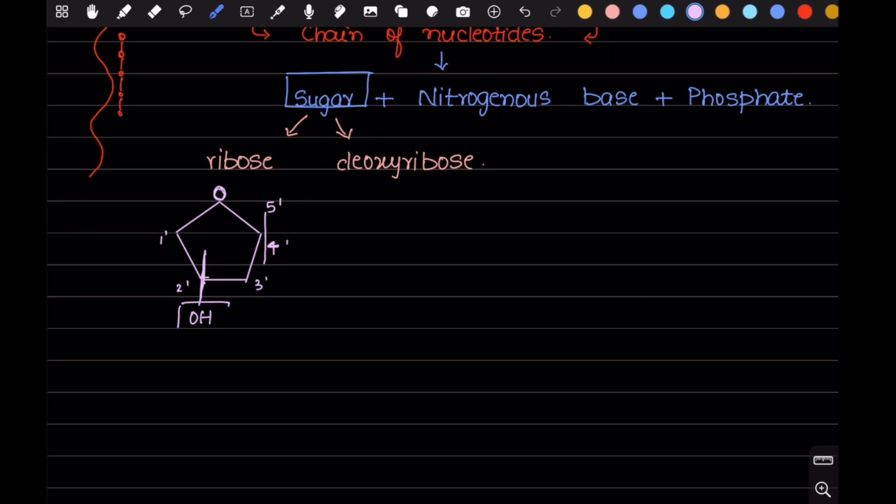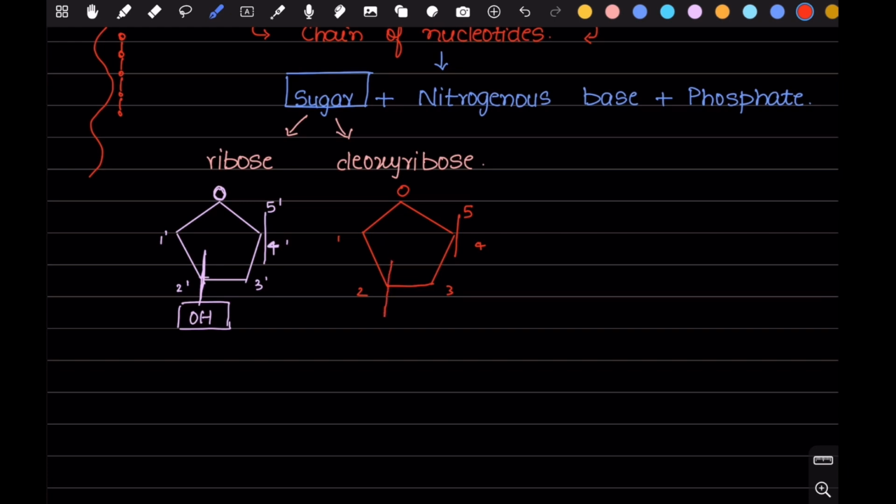So in ribose sugar, we have OH at the second place, but in deoxyribose, if we see the structure, it is also a pentose. The structure is the same. Here there is an oxygen. The numbering is 1, 2, 3, 4, and this place is 5 over here.